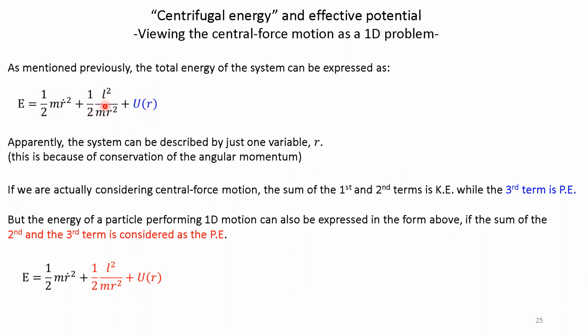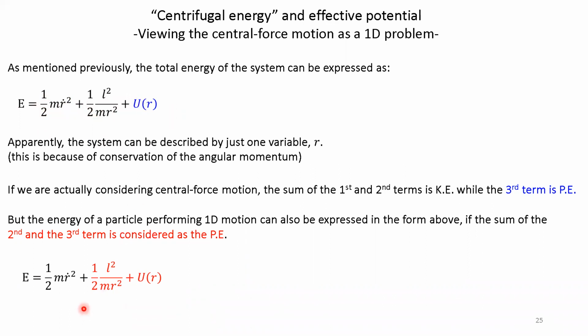You know that's actually not the case if we are talking about the central force problem, where both of these terms are kinetic energy and only the third term is potential energy. However, if I don't tell you that I'm considering this two-dimensional central force problem, you can tell me that this is just a one-dimensional motion with the first term being the kinetic energy and the second and third terms being the potential energy.